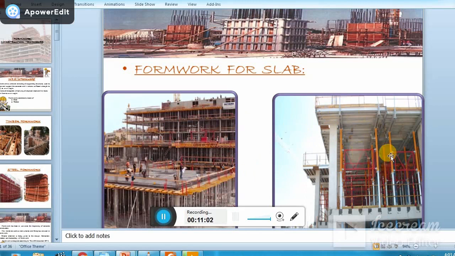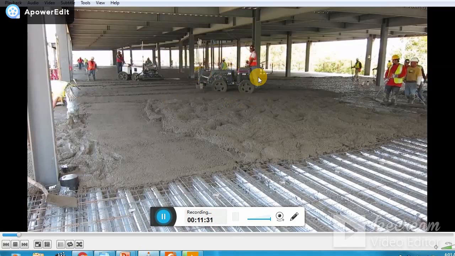So there is a great advantage because the total load is then taken by the composite action. If we don't provide this shoring, that is called unshored construction. In that case the beams, or the girders, are responsible for taking their own weight, the concrete weight at the initial stage up to 28 days, and the construction loads, that is the machinery load, the people load, which you see in this video.